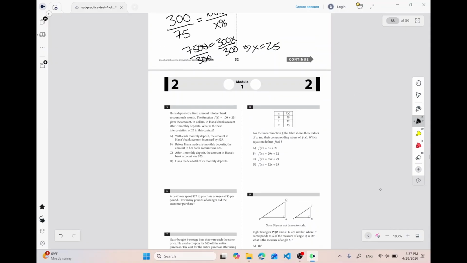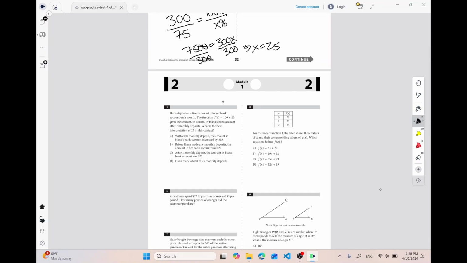Last one for today, number 5. Hannah deposited a fixed amount into her bank account each month. The function f of t equals 100 plus 25t gives the amount in dollars in Hannah's bank account after t monthly deposits. What is the best interpretation of 25 in this context?